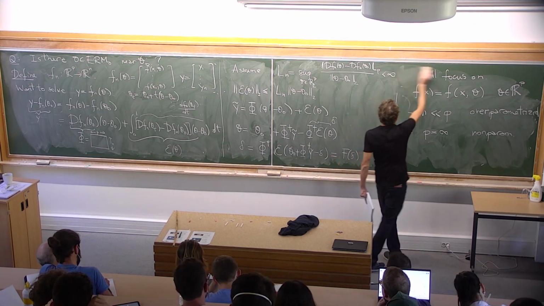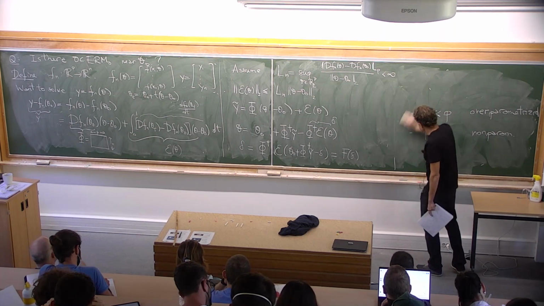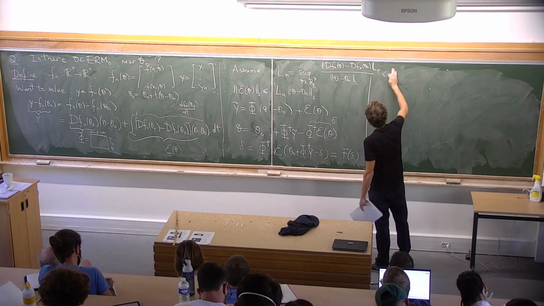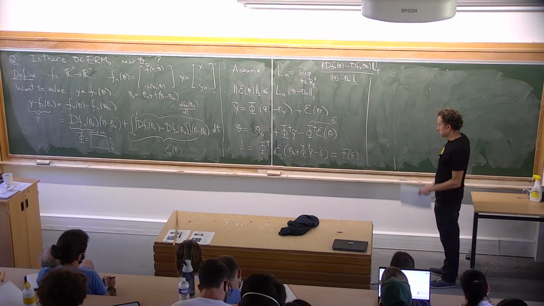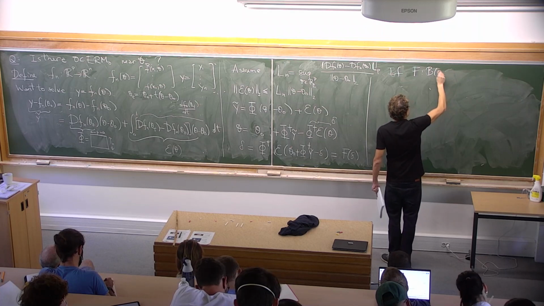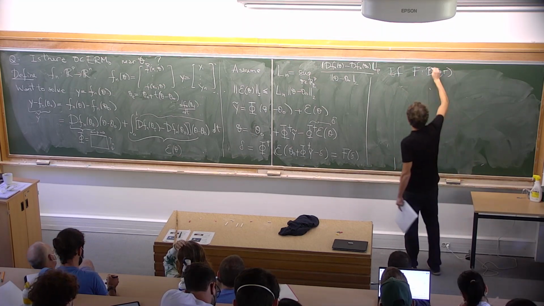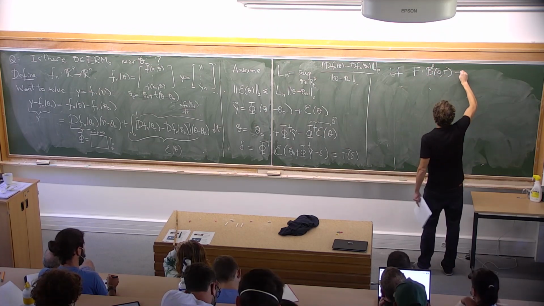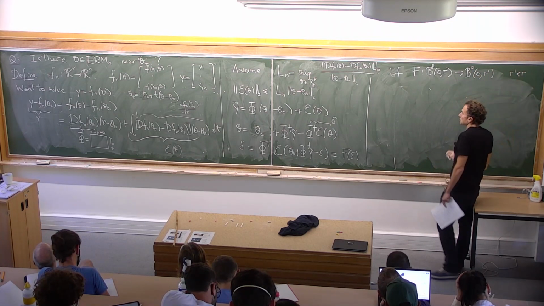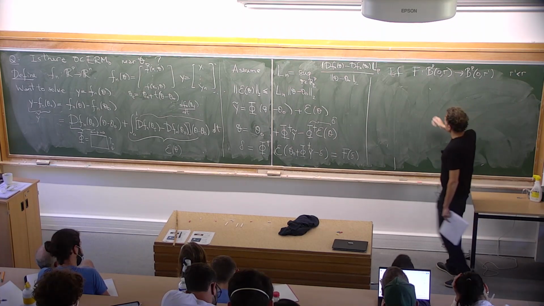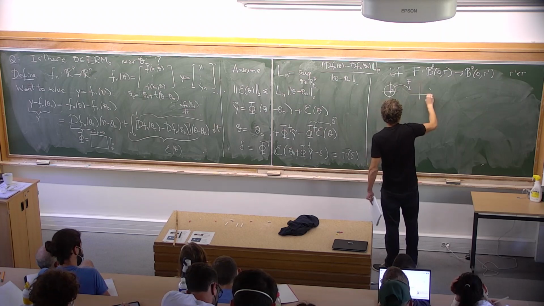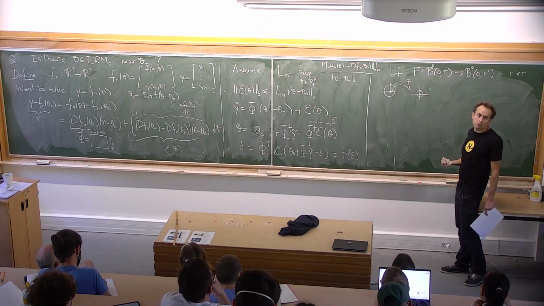So I want to find a fixed point of this map, capital F. And of course, if F maps a ball of radius r in R^p to a ball of radius r prime with r prime less than r, so if it decreases the radius, then I can be sure that it has a fixed point.